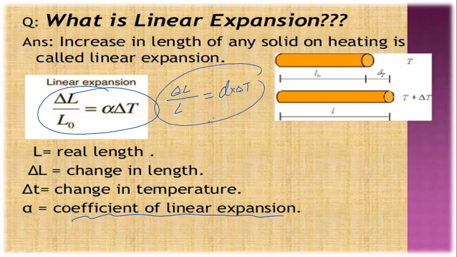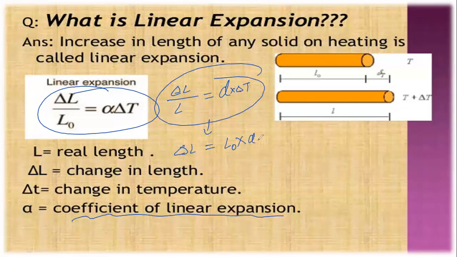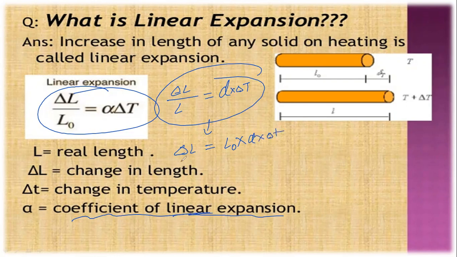Or we can say the change in the length is equal to the product of the actual length of the rod or material with the coefficient of linear expansion which that material will support, with the change in the temperature which is caused. So this is the formula which we can write to show how much the linear expansion is there.